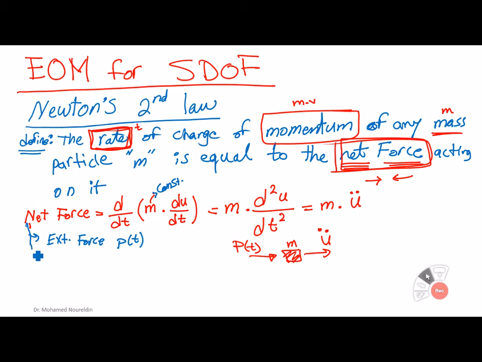And the system is going to develop some resistance to this force. We call it the elastic resistance force, or sometimes inelastic, but later on I'm going to talk about the inelastic.